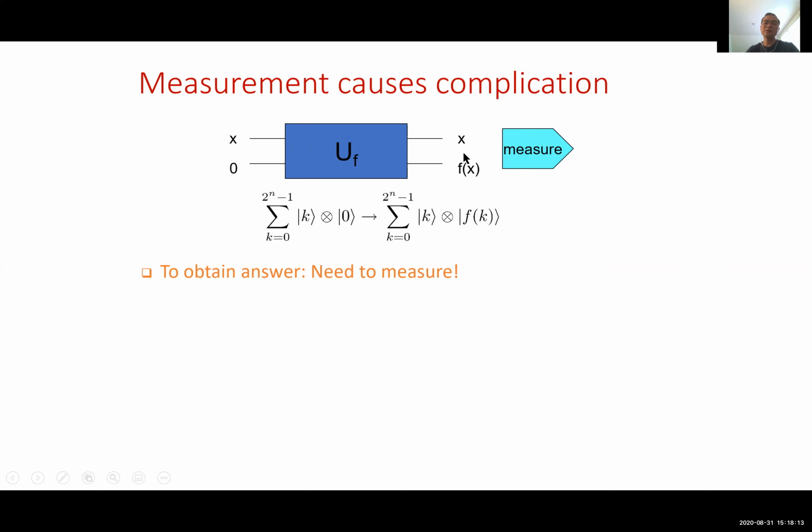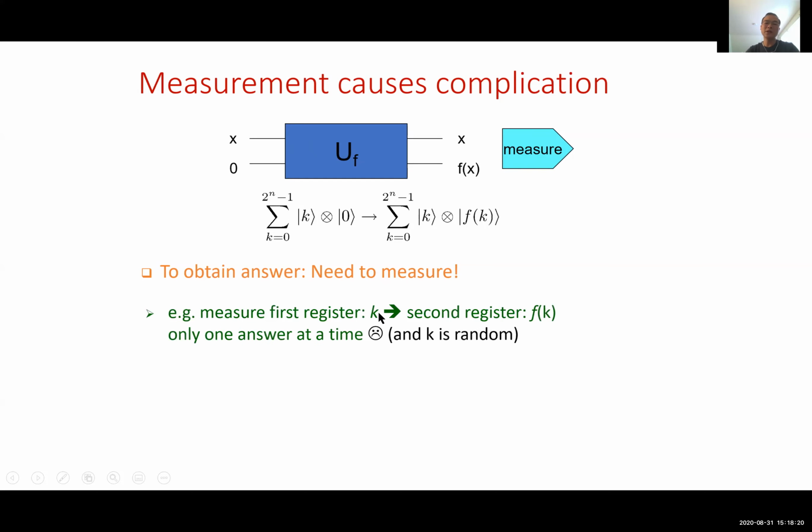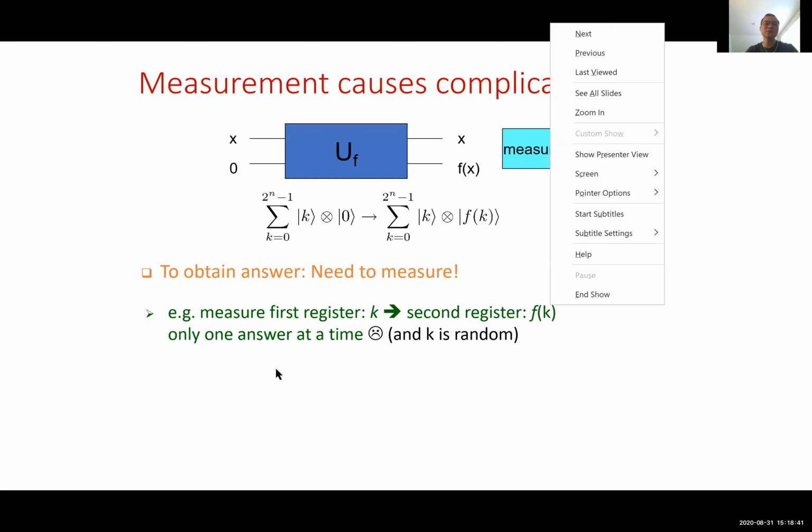When you perform the measurement, let's say in the usual computational basis, I may get k. I measure this x and get k, but according to the measurement that I just illustrated earlier, it collapses the second register to be f of k. So this is the question. I collapse the question, and the answer is collapsed to f of k.